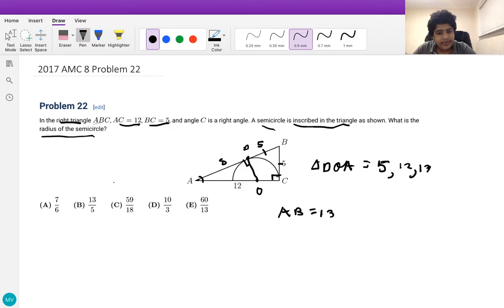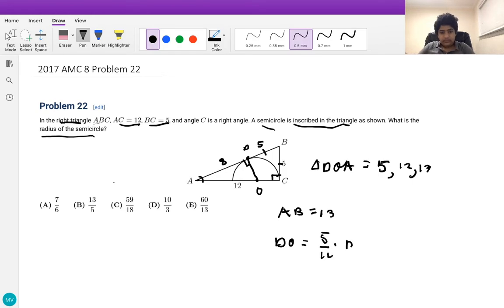And now, since we know that the 8 in triangle ADO corresponds with the 12 in triangle ABC, and because of the smaller angle corresponding to DO and BC, we know that the radius of this semicircle, DO, is equal to 5/12 of DA.